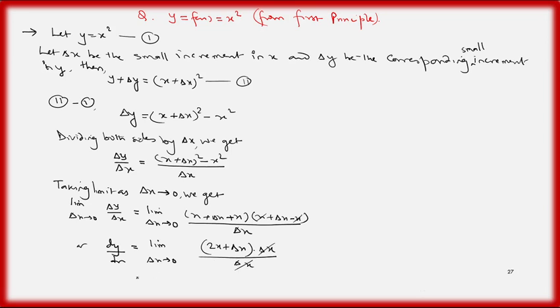It can also be cancelled. Limit del x tends to 0, 2x plus del x. We have to apply the limit. I know del x tends to 0 on 2x.